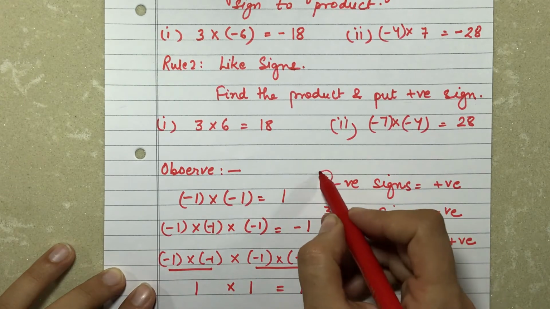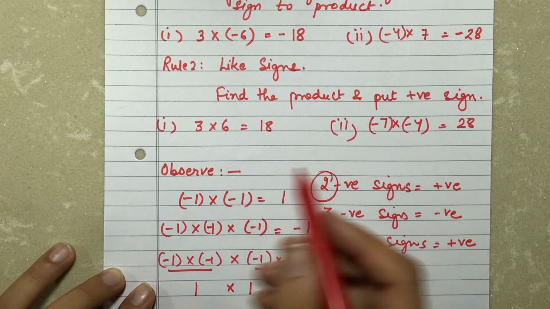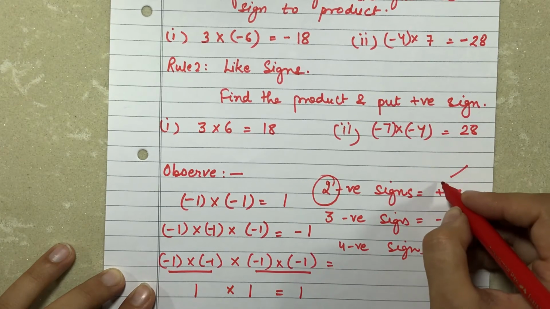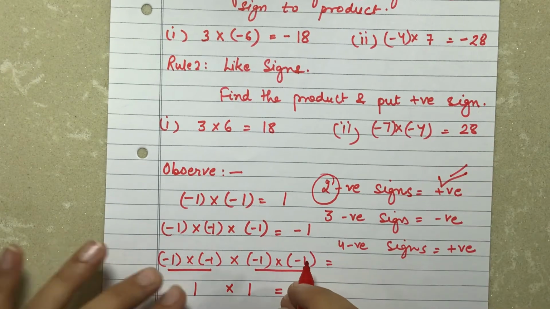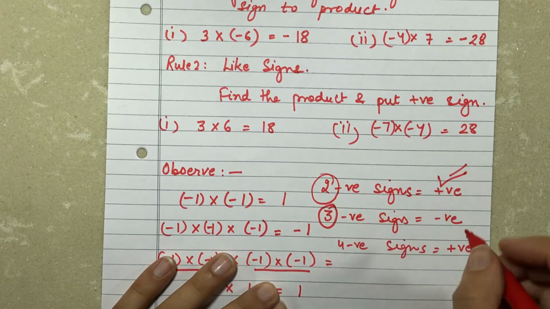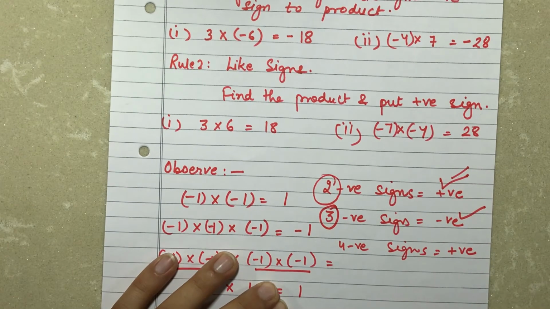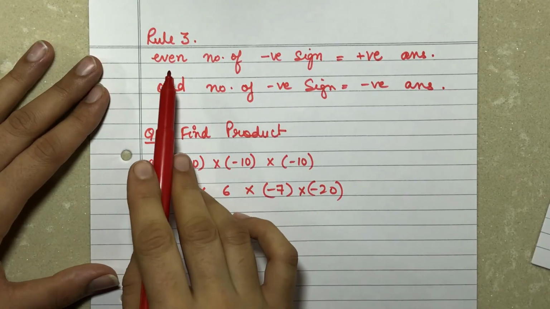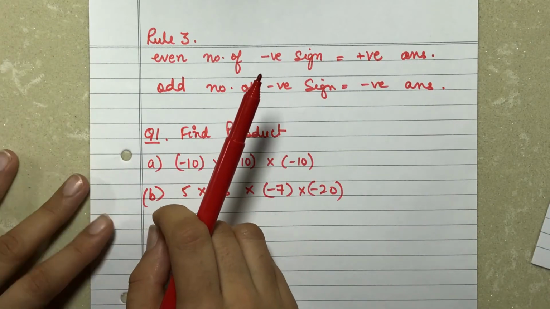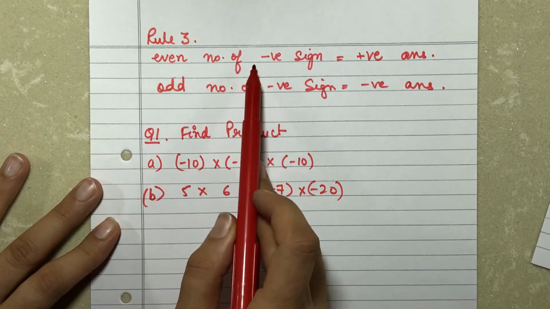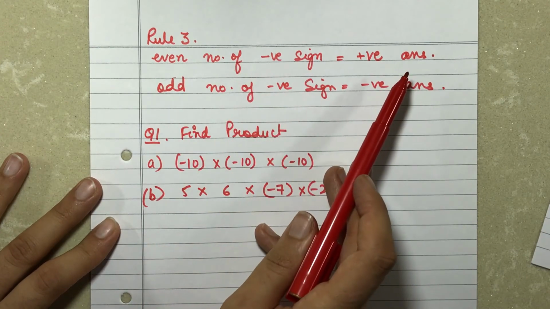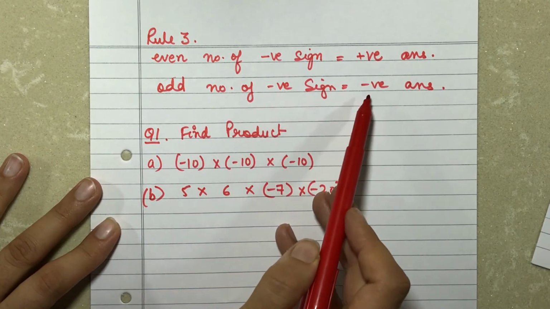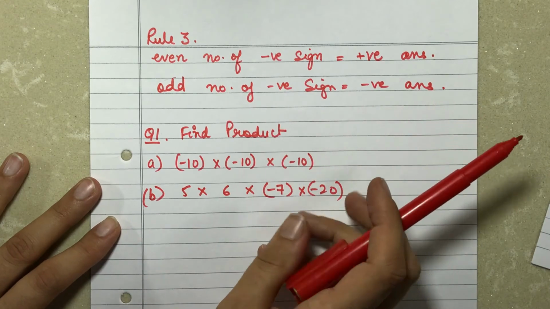Whenever we have an even number of negative signs, I have a positive in the end, and whenever I have an odd number of negative signs, then I have negative in the end. So this is the rule after my derivation and observation: even number of negative signs give me a positive answer and odd number of negative signs give me a negative answer.